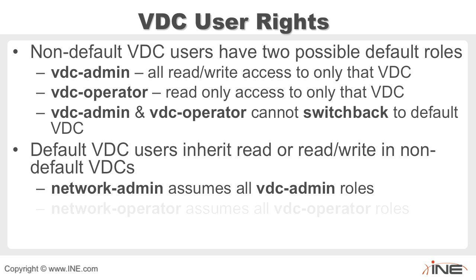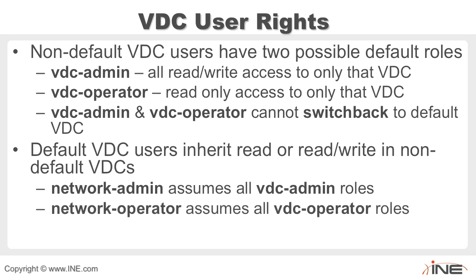So in the default VDC, instead of being called VDC admin and VDC operator for the role-based access control, something that we're going to be talking a lot more about in the security section, and even custom RBAC or role-based access control features and commands that we can do custom, I basically have that admin and operator in the default, but it's called network-admin and network-operator roles.